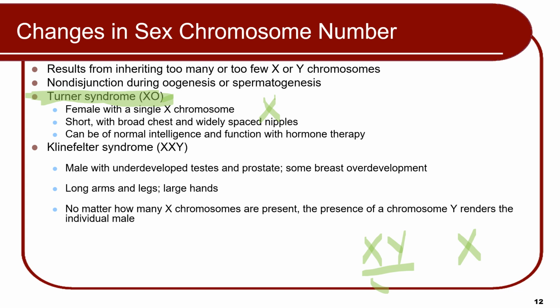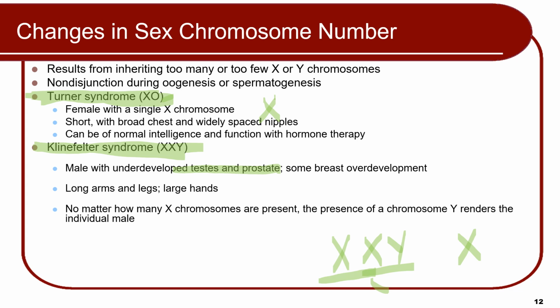Klinefelter syndrome is in males, and it's males with an extra X chromosome. So instead of being XY, they are XXY, so it's a trisomy. And men with Klinefelter syndrome tend to have poorly developed male sexual organs, more female-like characteristics.